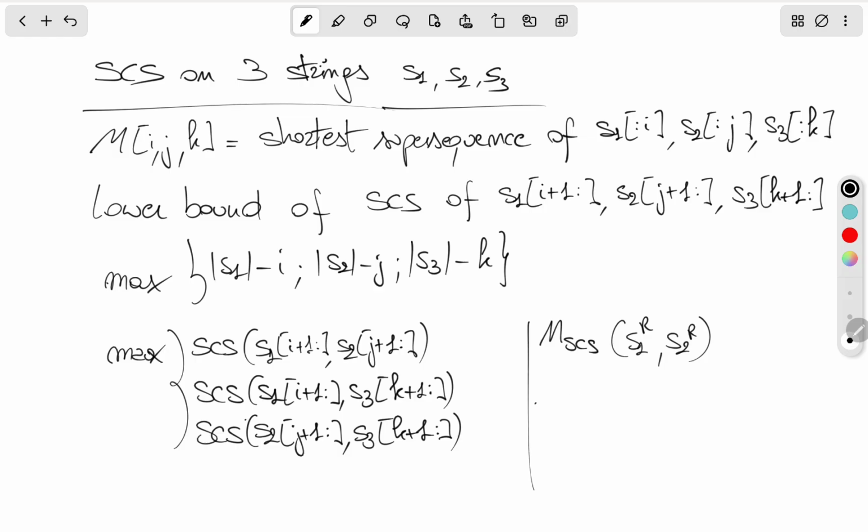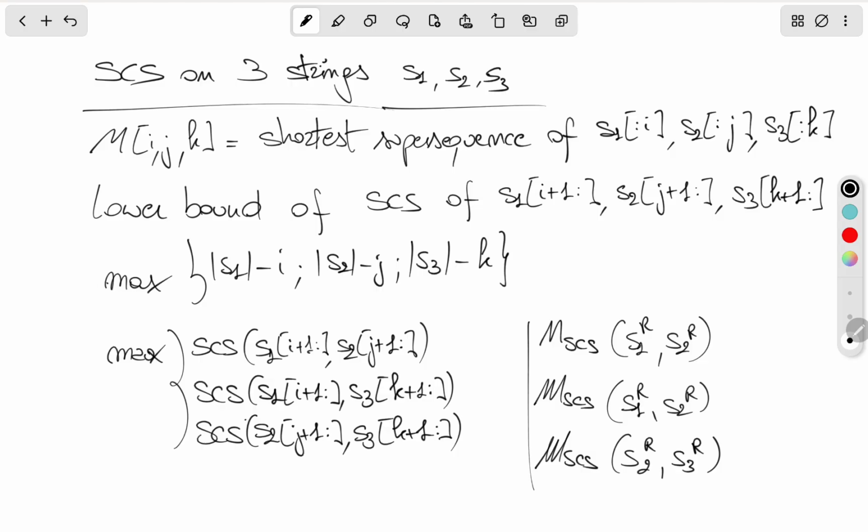The same is done for S1 reverse, S3 reverse, and S2 reverse, S3 reverse. Let's focus on the first.